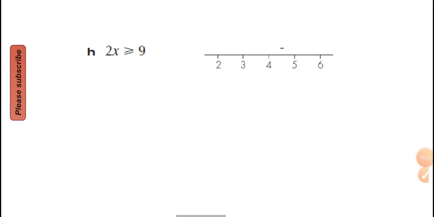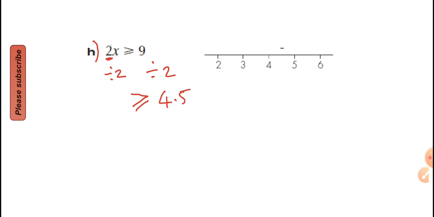With question H now, we want the x by itself. So to get rid of this times 2 here, we're going to divide both sides by 2. So on the right hand side, 9 divided by 2, well, it's half of 9, which is 4.5.